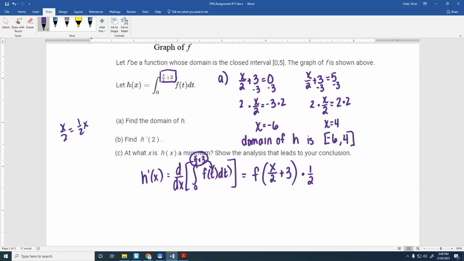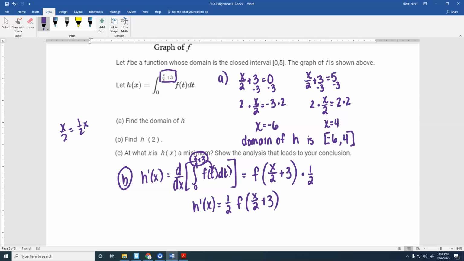Okay, you might want to rewrite this, this is part B, h prime of x equals 1/2 times f of x over 2 plus 3. That's not necessary, but you might want to just clean it up a little bit. Now, that's our function for our derivative.